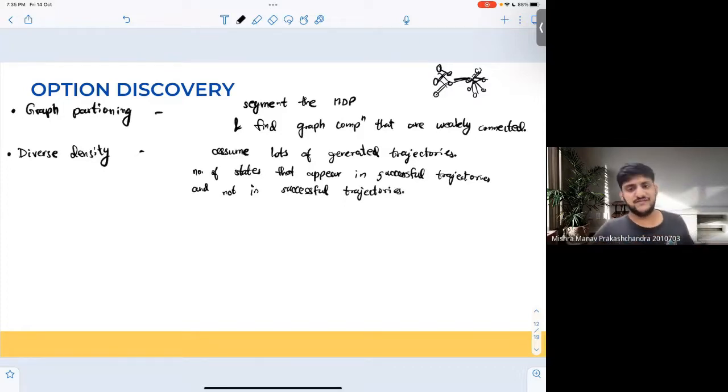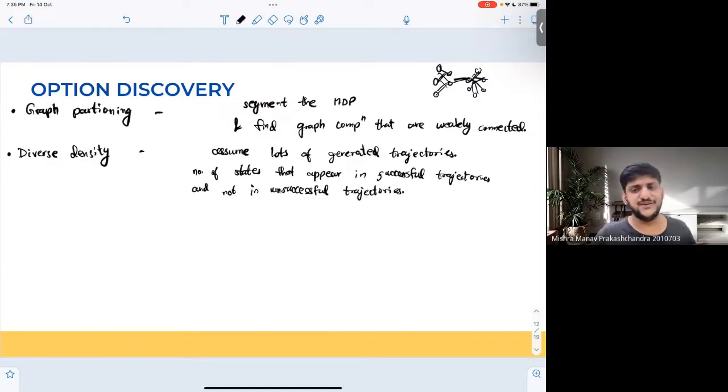If you have a lot of randomly generated trajectories, there are certain states which keep on appearing in successful trajectories, and some states which don't appear in any unsuccessful trajectories. So that is again an indication of a bottleneck. This type of methodology is known as the diverse density methodology.